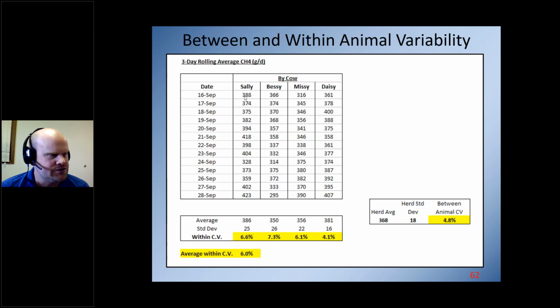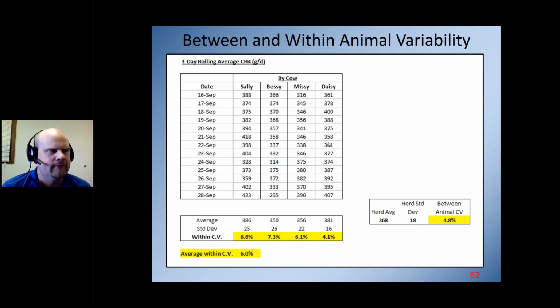And then if we look at changes over the day or several weeks, the within animal coefficient of variance in this case would be about 6%. So this might be an example of how you can calculate this statistic very quickly. Of course, statistical packages like SAS can also output this data for you without running it through Excel or something like that. And SAS is almost always used to take the GreenFeed data and then perform a statistical analysis with the data.